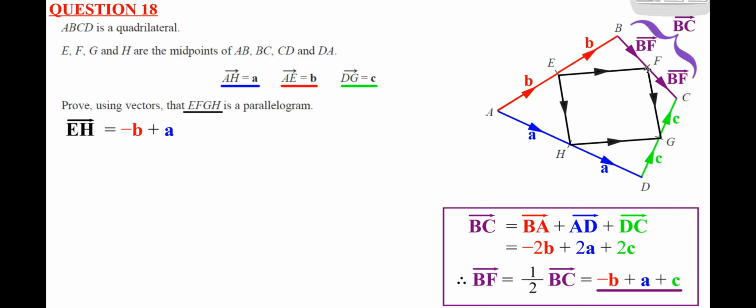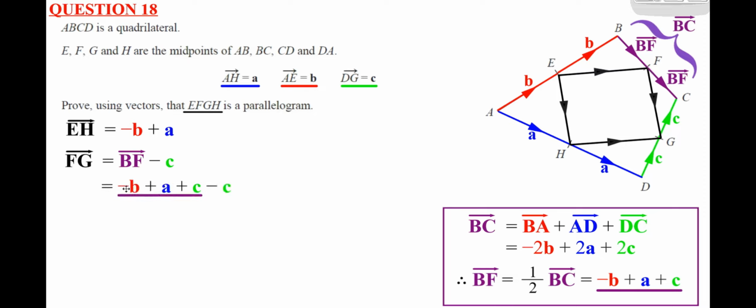So now let's think about how I can go from F to G. Well, if we look at it here, from F to G, I go F to C, which is BF, and then minus vector C, because it's against the direction of vector C. So now we've worked out what BF is. BF is this, which you can substitute in. So F to G, I can rewrite as this.